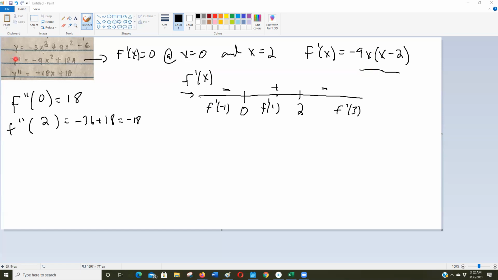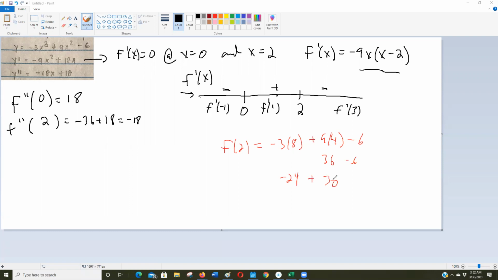No, I don't want to look at the derivative. I want to look at the original function, don't I? So what's f of 2? f of 2 equals -3 times 8 plus 9 times 4 minus 6. That's 36 minus 6 is 30, and that's -24.